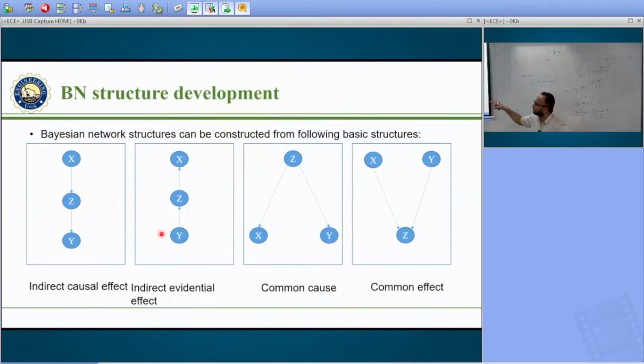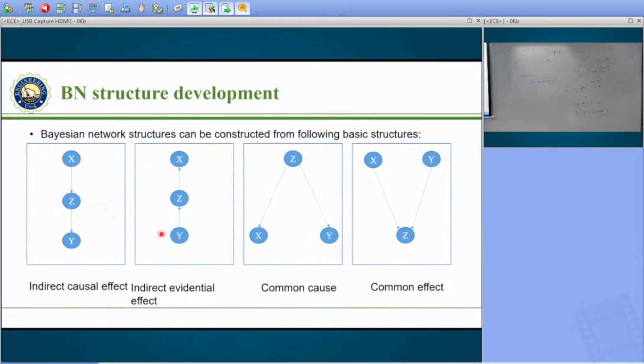These are different ways of connecting variables when you construct your process. Suppose X is indirectly affecting Y, but if I know the Z information, do I require X information?